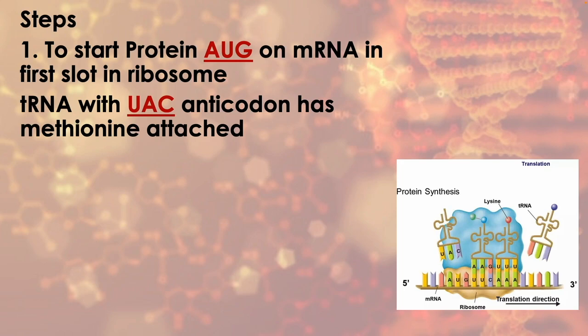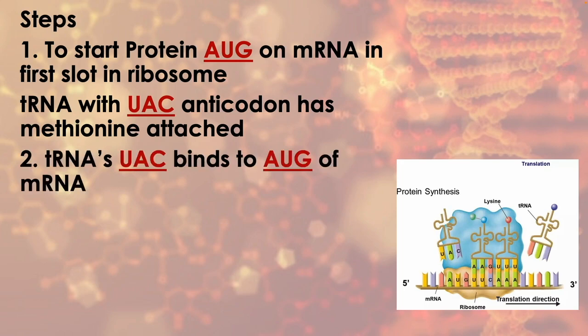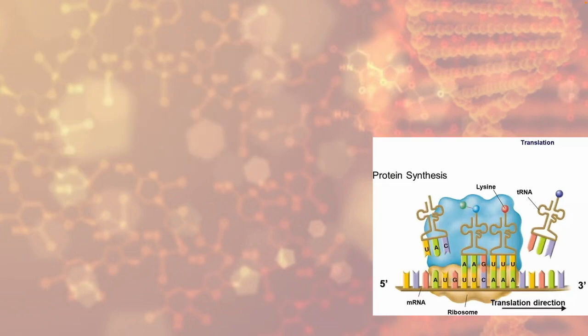So the tRNA brings the methionine amino acid to it. Then the UAC anticodon bonds to the AUG codon on the mRNA. This is like a picture a little bit after; we're a little bit further along in the process.